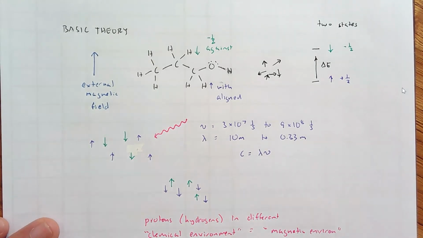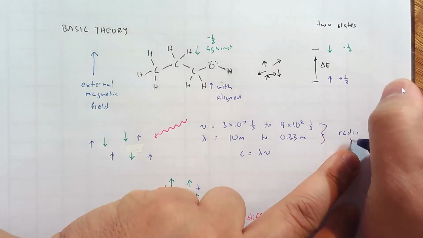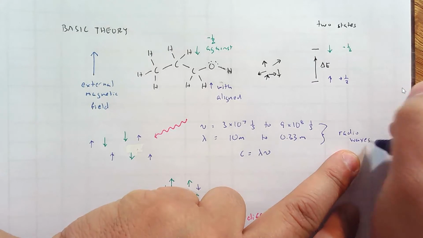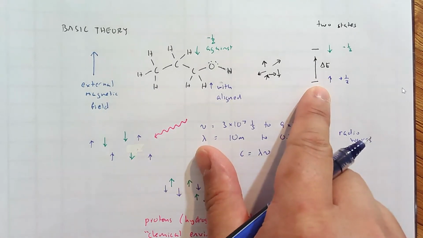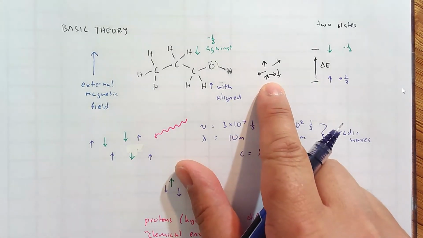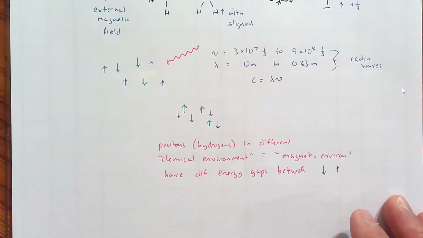And by the way, this range is radio waves, AM and FM, the same types. So if you're hearing an AM FM radio, it is flipping your protons. The thing is, you're not in a magnet normally, so your protons are not aligned. You have random orientations, you flip all of those, you still have random orientations.